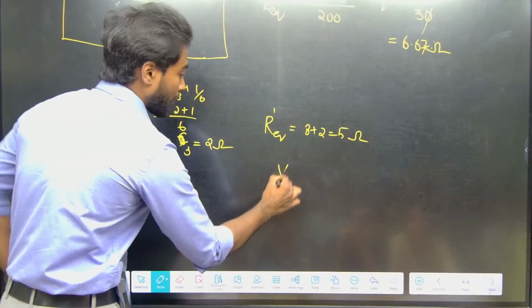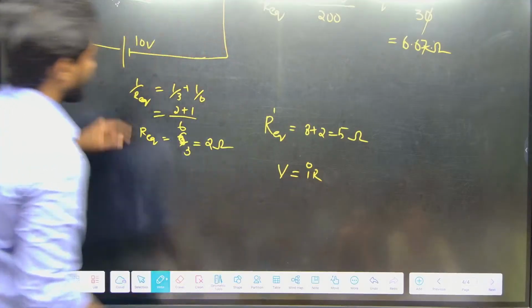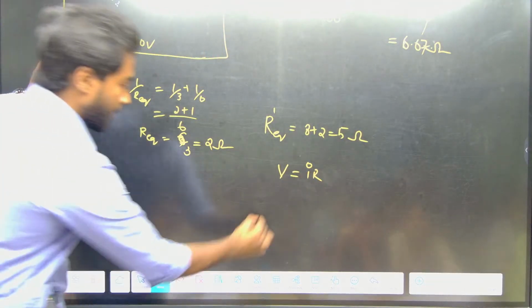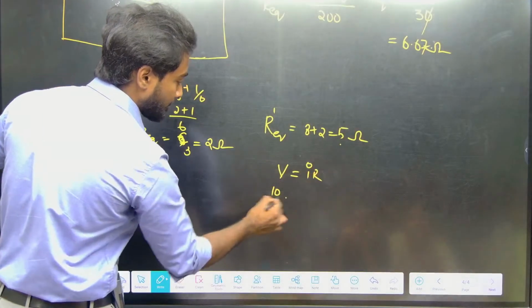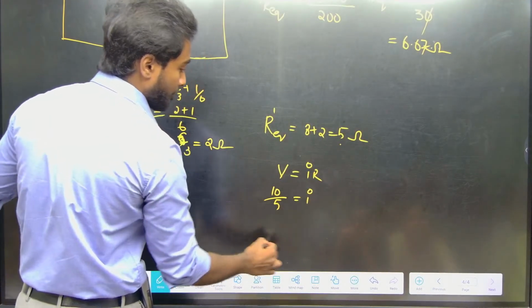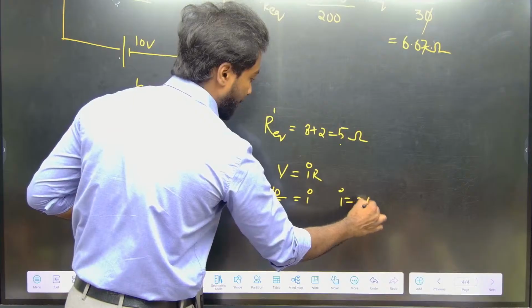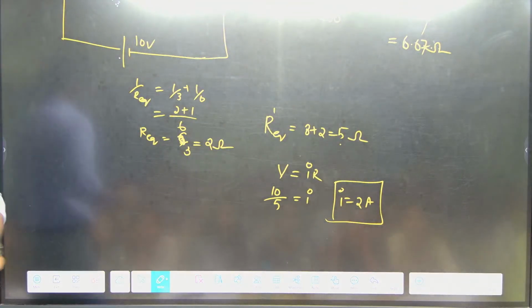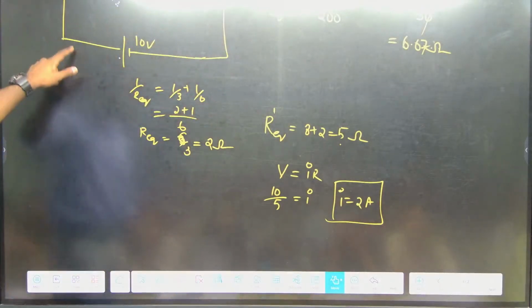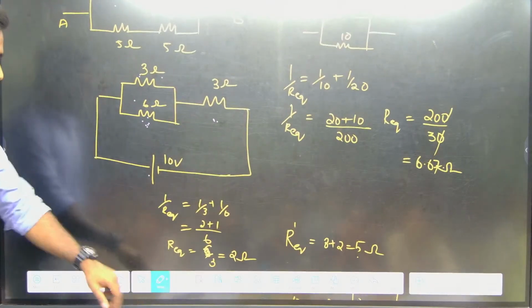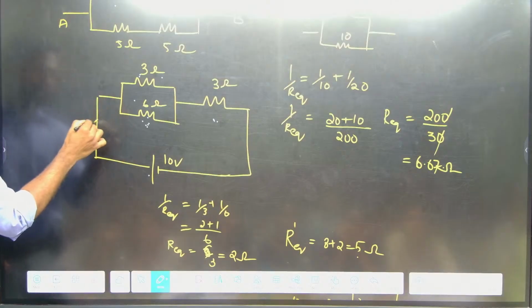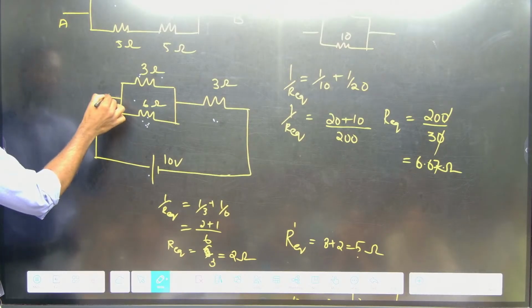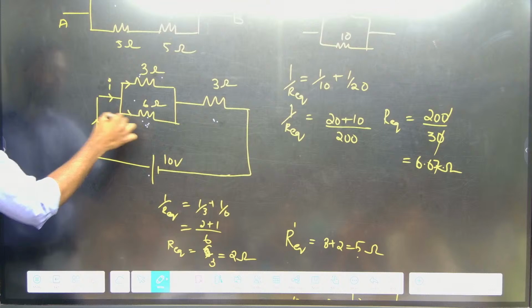Now we know that V equals IR. What is the value of V here? 10. And what is the value of R? So can I get the value of I? So I equals 2 ampere. We cannot stop up to this. They are asking in each branch. Now I need to go to the circuit. If you see here, I is coming here and splitting into 2 parts.